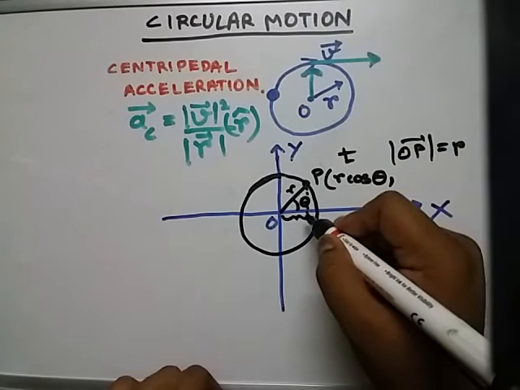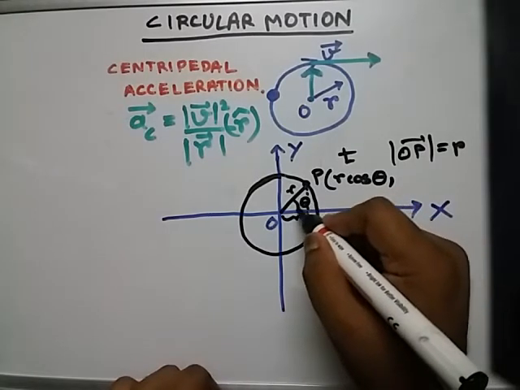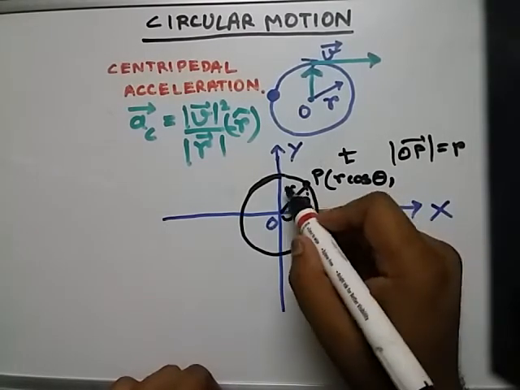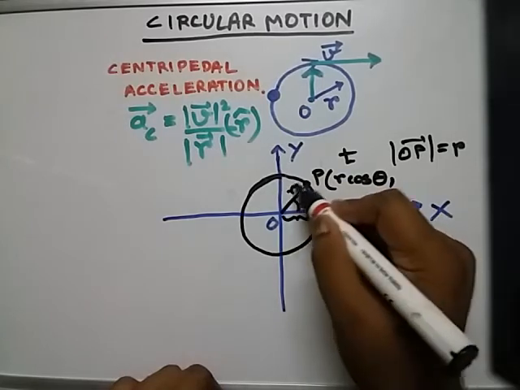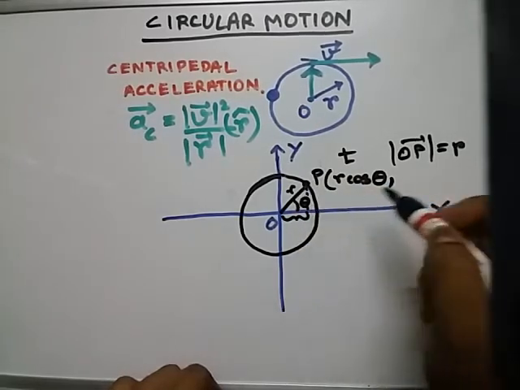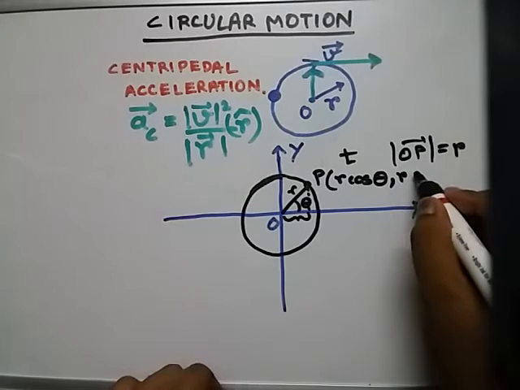Now the component of r in the y direction is r sin theta, so the y coordinate is r sin theta.